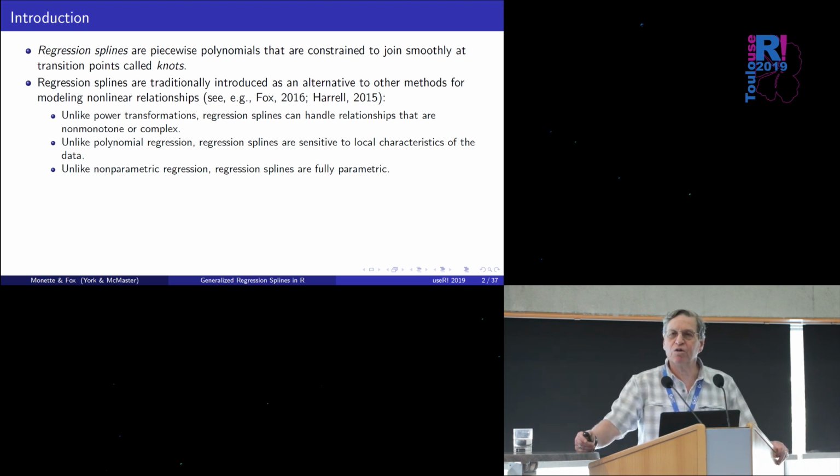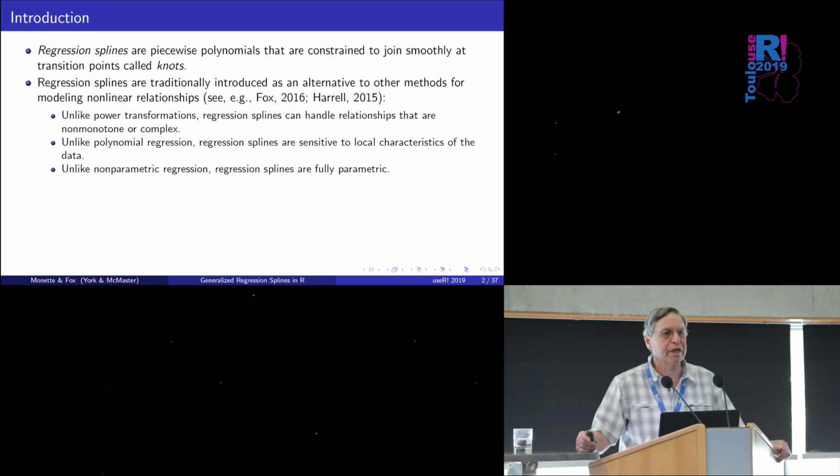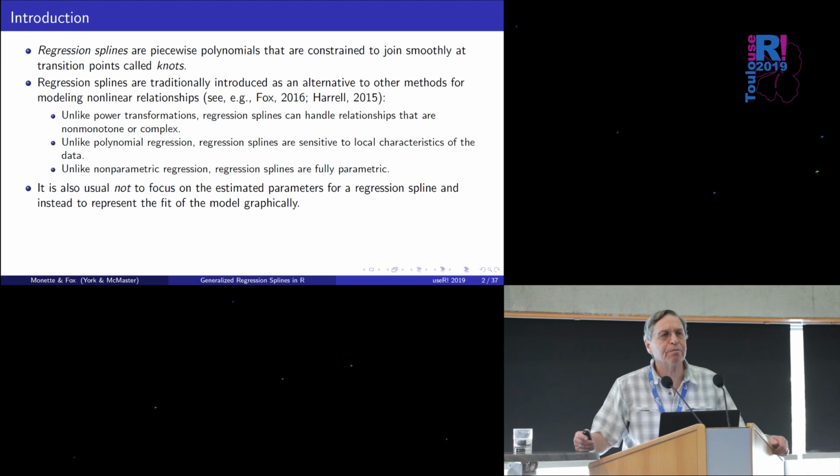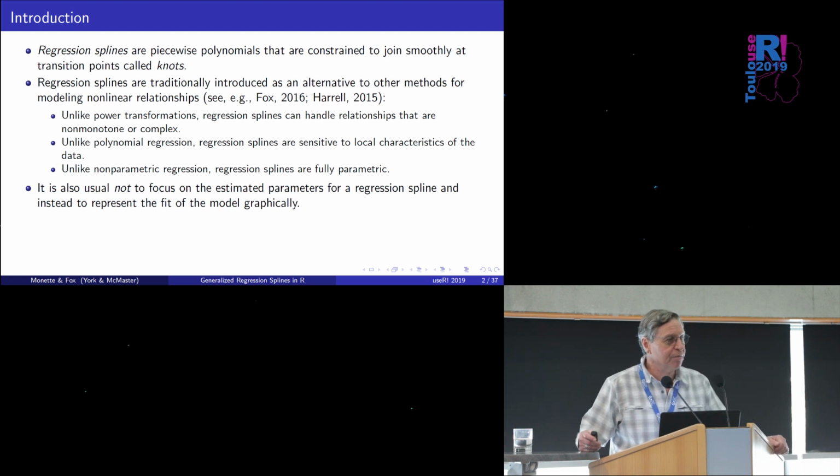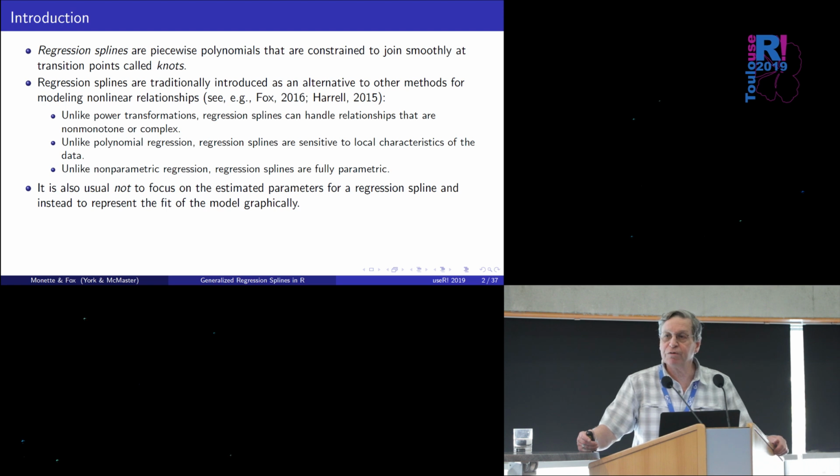As you'll see, our implementation of regression splines will work anywhere in R where you can specify a linear model-like formula. Usually, however, in developing regression splines, the focus is not on the parameters that are being estimated, but rather on the shape of the fitted regression function or partial regression function.